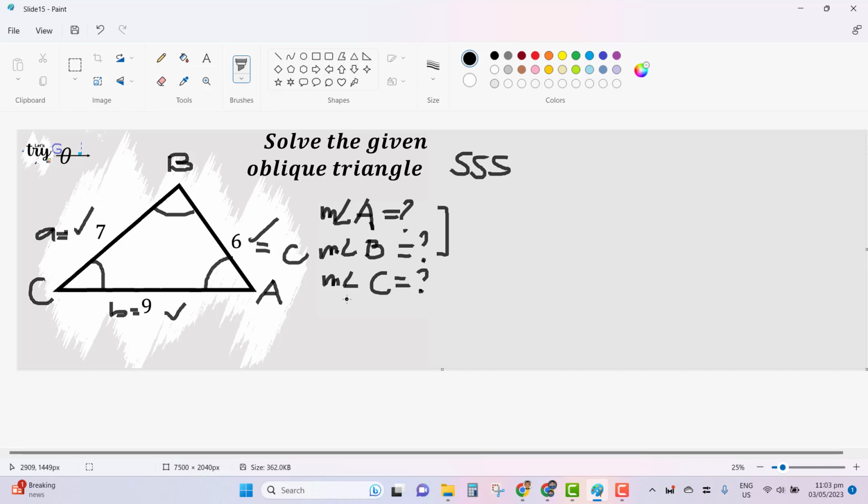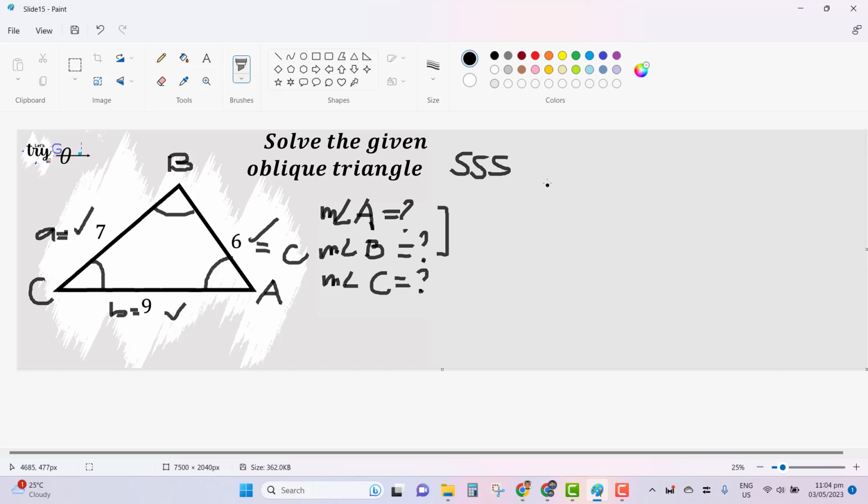Because if we use the versions of the law of cosines for all three angles, we might notice later that the sum of the measurements of angles A, B, and C might be more or less than 180 degrees. And if that's the case, our figure will no longer be a triangle, because according to the triangle angle sum theorem, all of its interior angles must sum up to exactly 180 degrees.